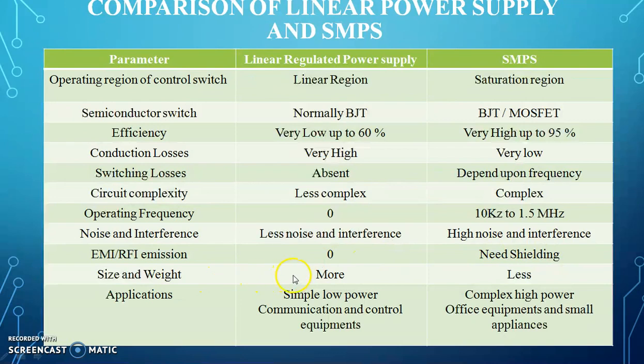Regarding the size and the weight, it is more for LRPS because of the transformer, whereas the size and the weight is less for SMPS. Applications: LRPS is used in simple low power communication and control equipments, and SMPS is used in complex high power office equipments and small appliances. So this is the comparison of LRPS and SMPS.